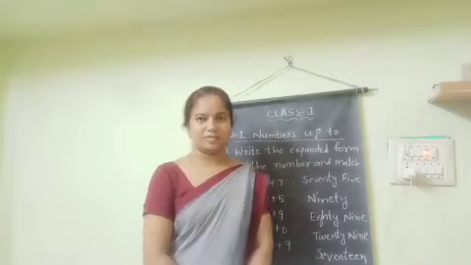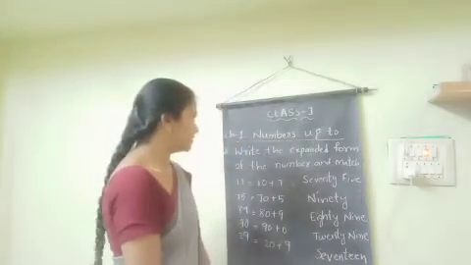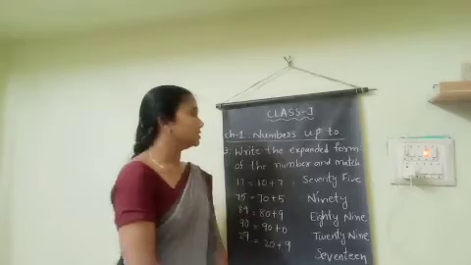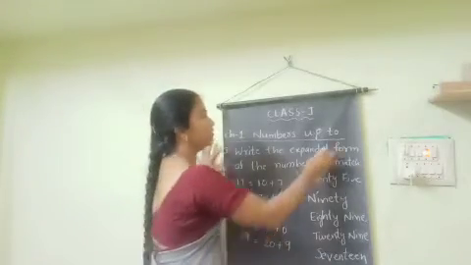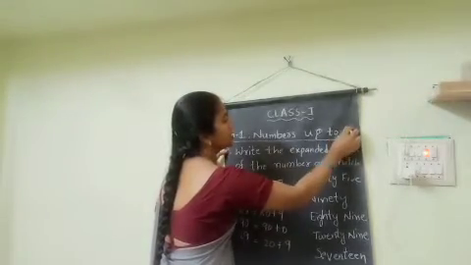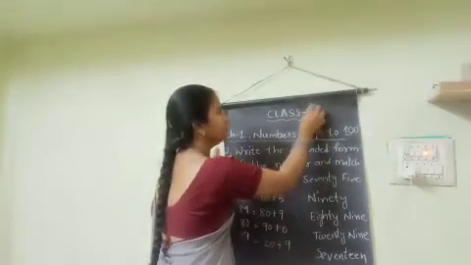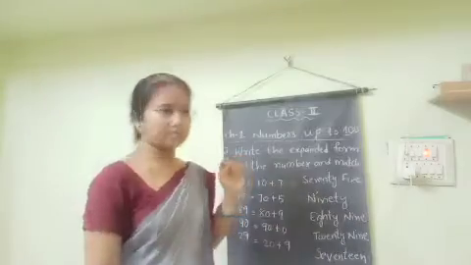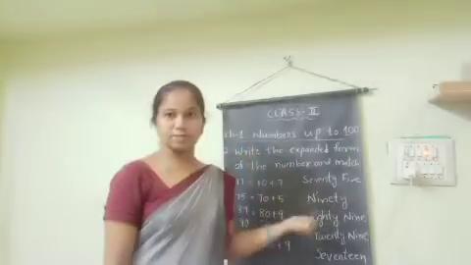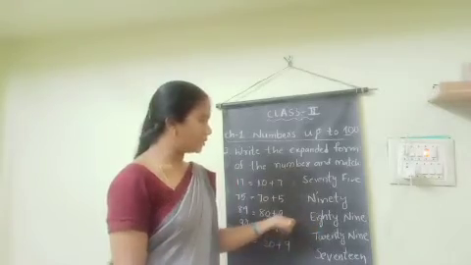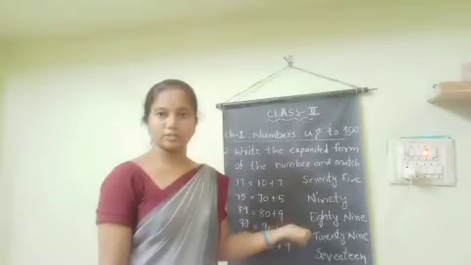Okay children? So now let's discuss the topic. We are in chapter 1. The chapter name is numbers up to 100. What is the next bit in your textbook? We have started the textbook, right?